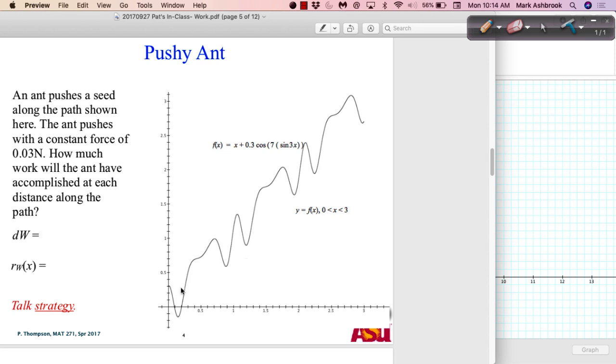Because the accomplished work by the ant is always increasing. It doesn't know that it's pushing it in the negative y direction or the positive y direction. That doesn't matter. The ant is always adding to the work that it's doing, no matter what direction in this graph that it's pushing. It could push back, to the left, to the right, up, down. As long as it keeps pushing forward, which it will, that accumulated work will always increase.